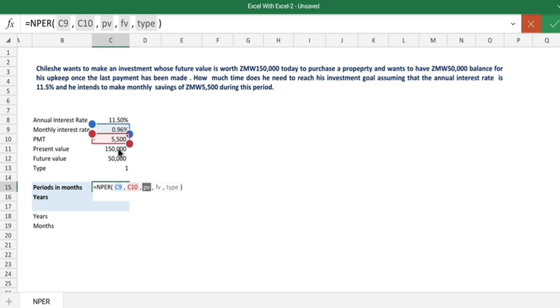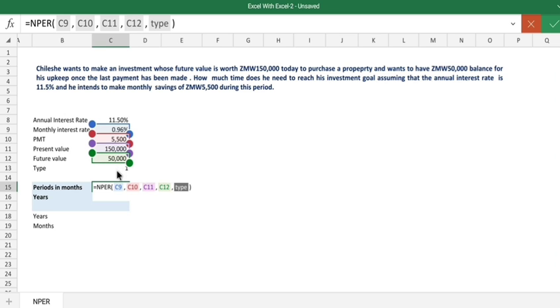Then what's the present value, our investment goal? It's 150,000 kwacha. What's the future value of the amount that we want to remain with after we take out our investment goal for our upkeep? You see the 50,000 kwacha.